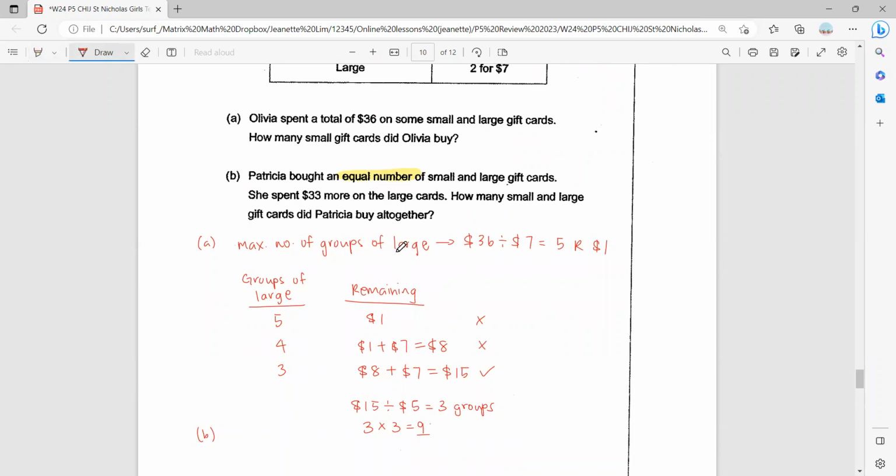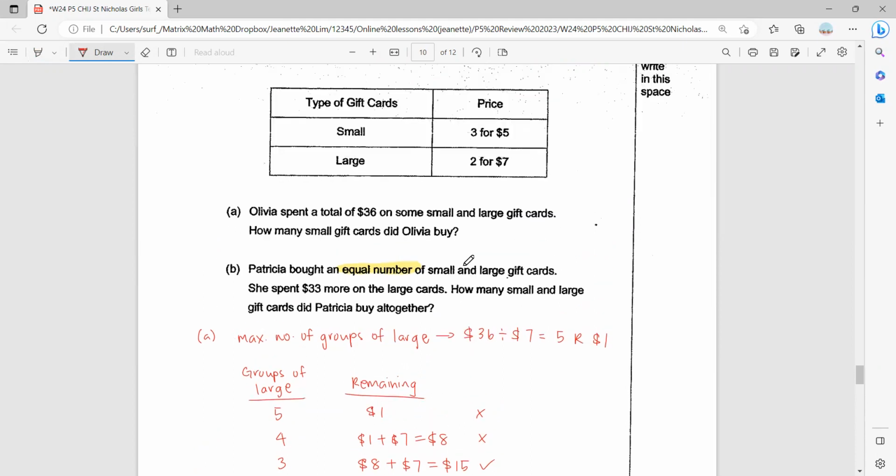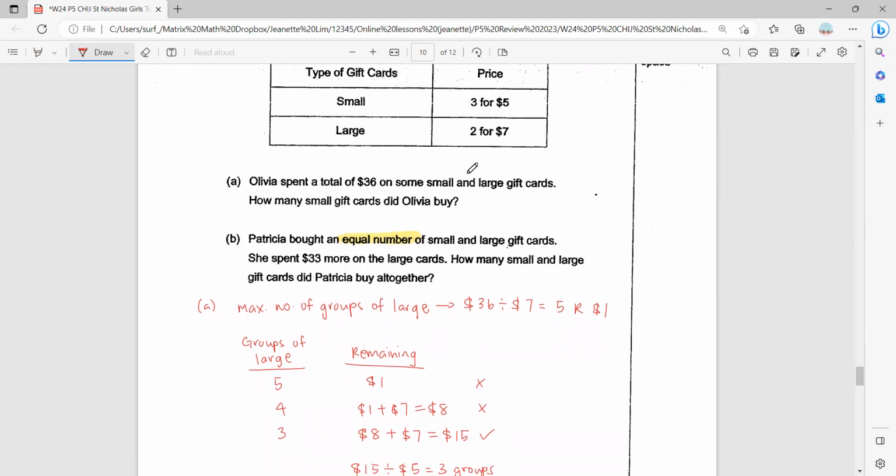So this is grouping, where I'll group an equal number of small and large. Usually for equal number, I put 1 and 1. But in this case I can't, because small are sold in groups of 3, and large are sold in groups of 2. So to make it equal, I need to find a common multiple of 3 and 2, which is 6.